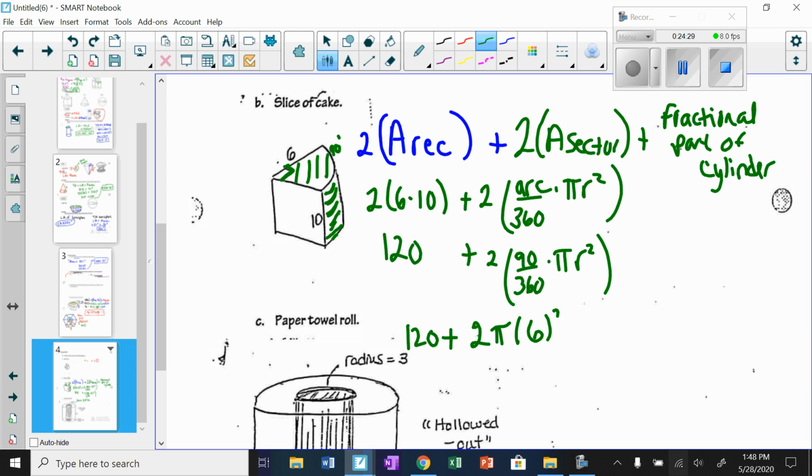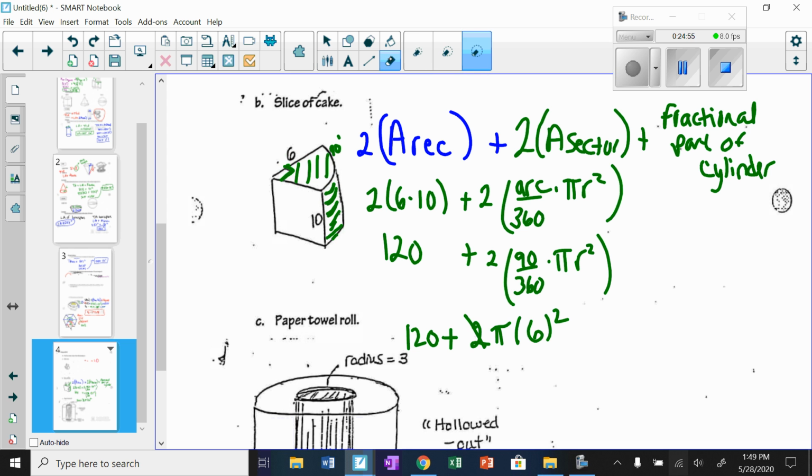So we're going to be 2 pi 6 squared, which is going to be 1/4.